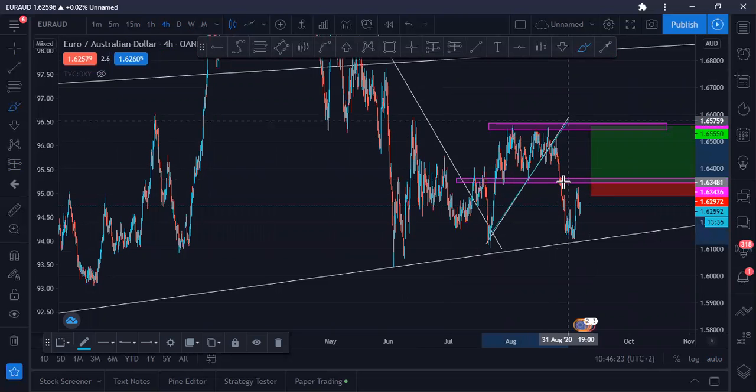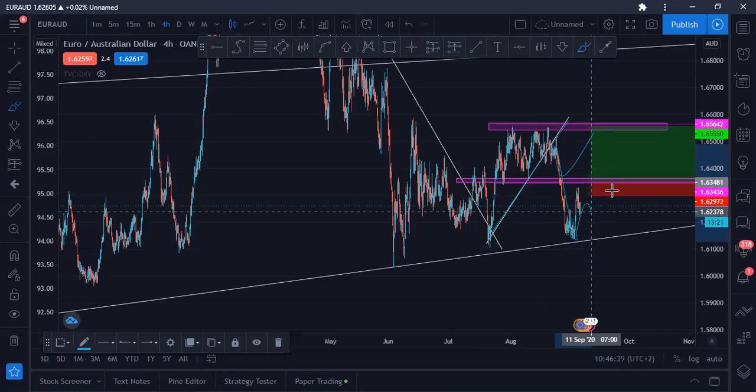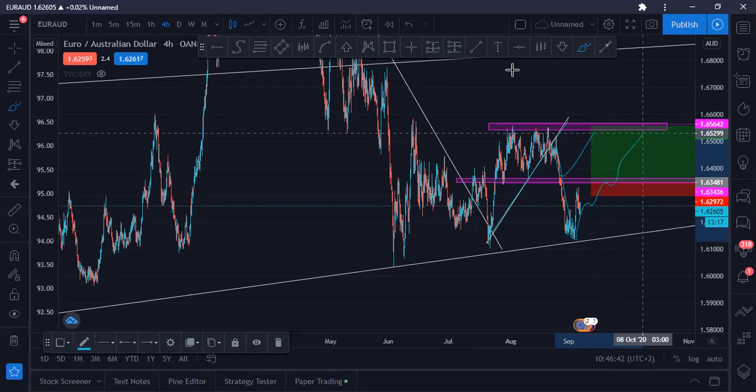I was expecting it to come to this zone and give us a push to the upside, but we literally just flew right through that zone, and we're expecting this trend line that I have here. Hopefully we can see the market push to the upside gradually. So that's what I have for the Euro AUD.